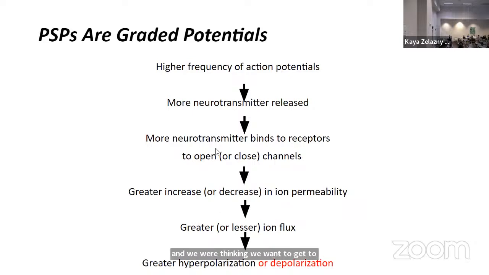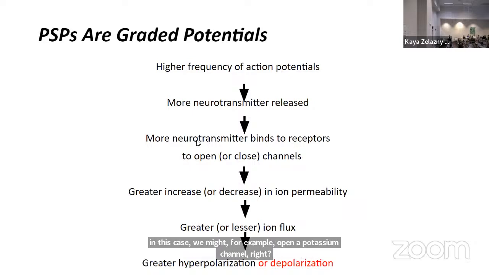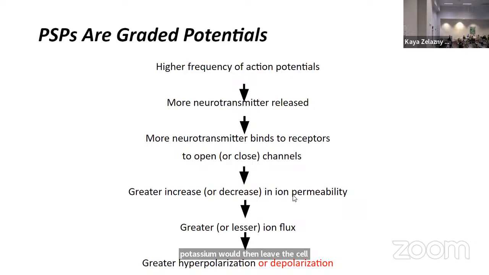Okay. So if we have more neurotransmitter binding to receptors, let's do the hyperpolarization first, right? So in this case, we might, for example, open a potassium channel. Potassium would then leave the cell. This is an increase in potassium ion permeability, increase in potassium ion movement out of the cell, which would be a greater hyperpolarization.